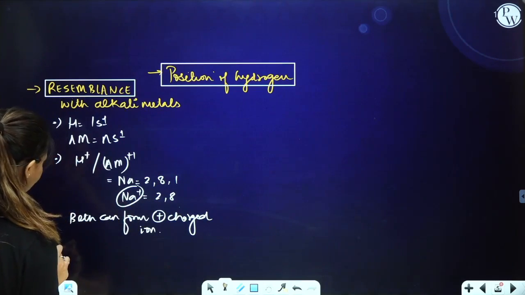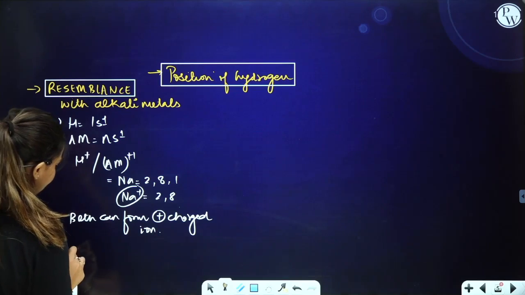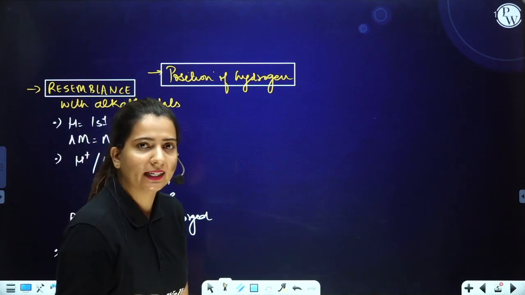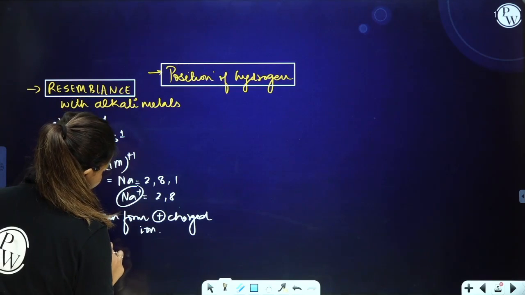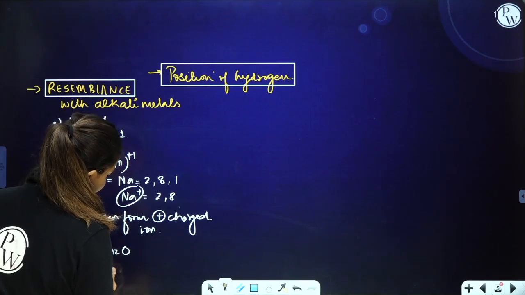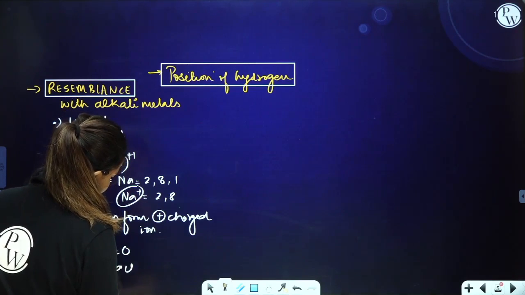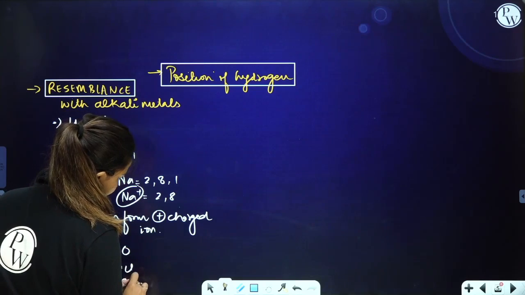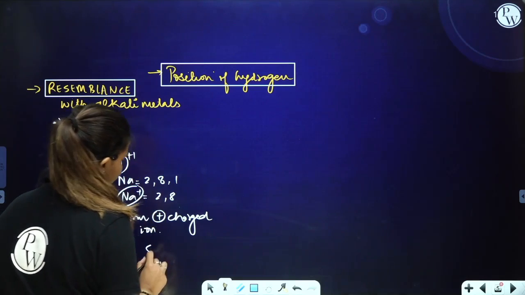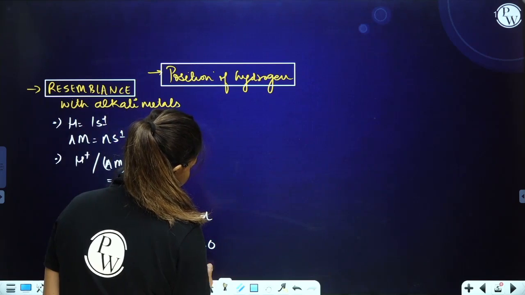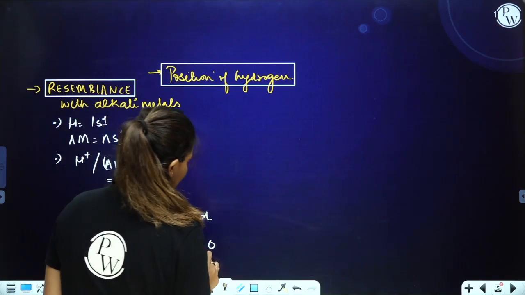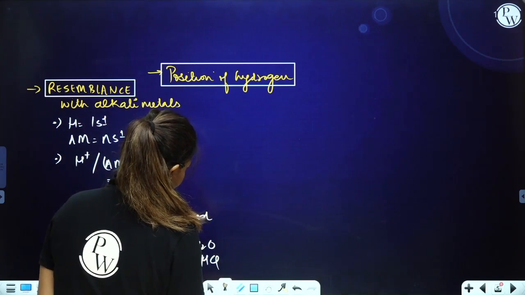And we have one more resemblance. Let's say I take an element from the alkali metals, sodium. It can form sodium oxide, sodium chloride, and sodium sulfide. Similar is the case with hydrogen. It can form an oxide with very similar behavior to the alkali metals, it can form a halide, and it can form a sulfide.